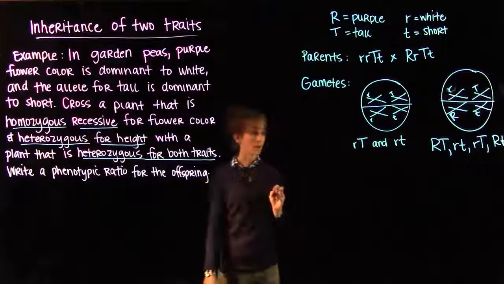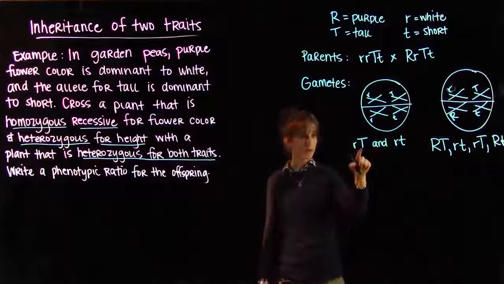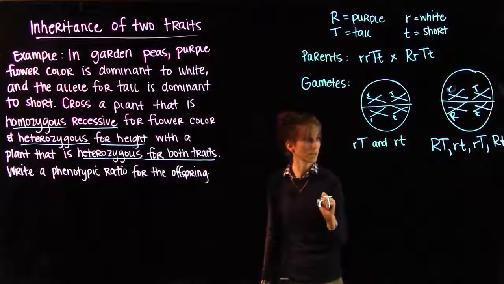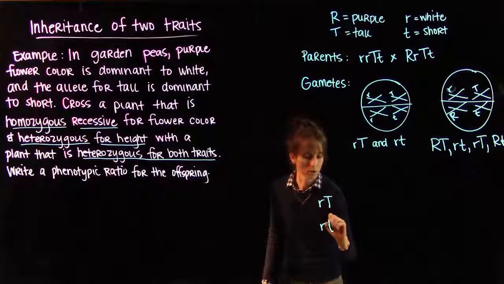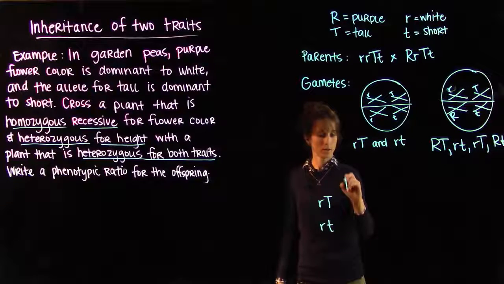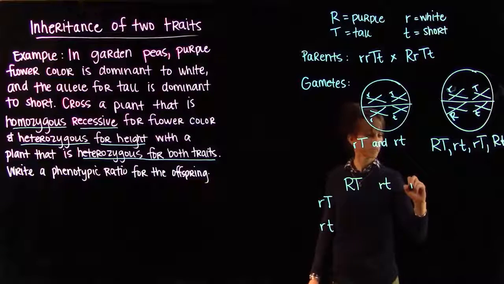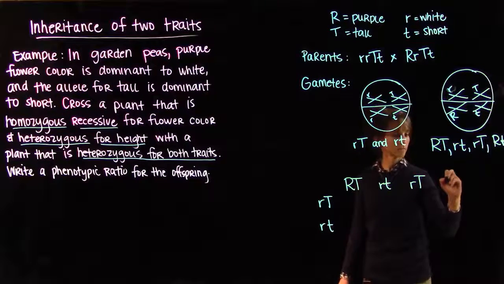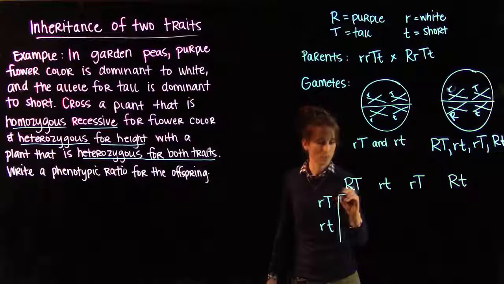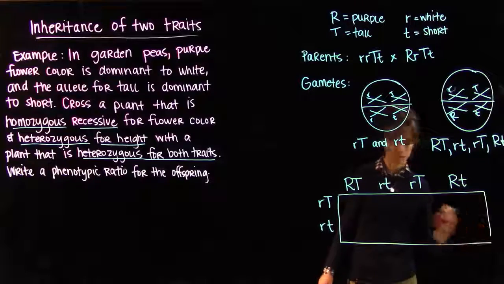Okay, now we can make our Punnett square. We know what types of gametes our parents can produce. So I'm going to put parent 1's gametes down the side, little r and big T, with little r and little t, and the other parent's gametes across the top. I know that my Punnett square is going to be 8 boxes.